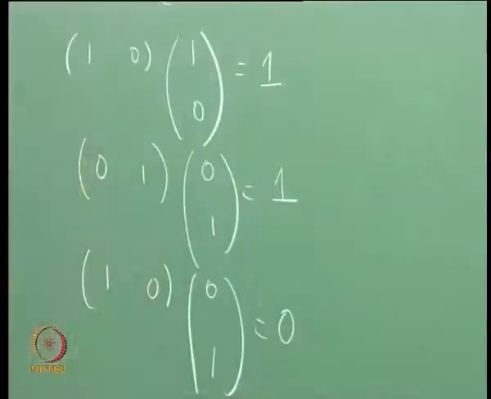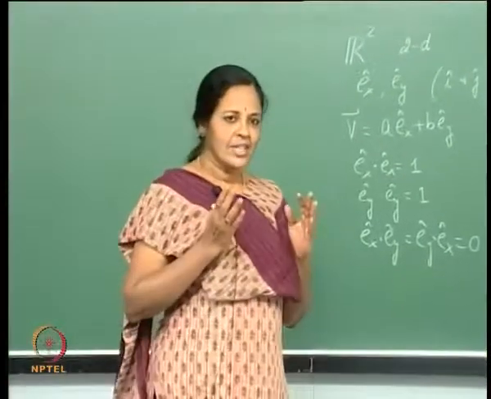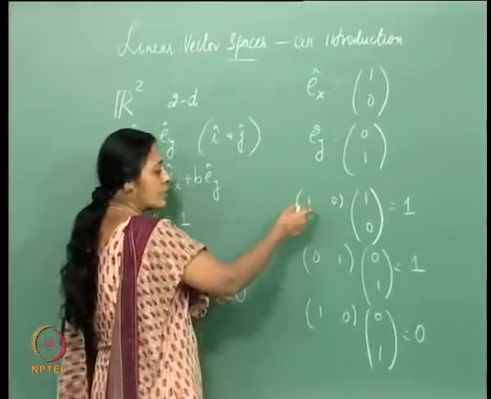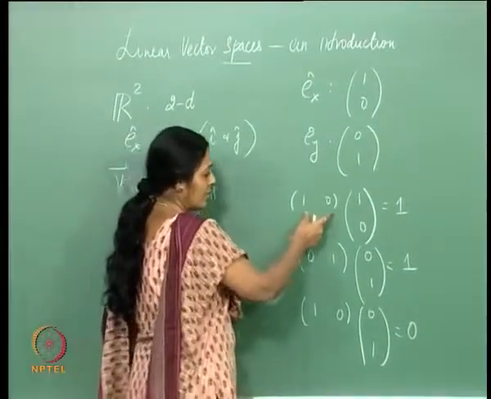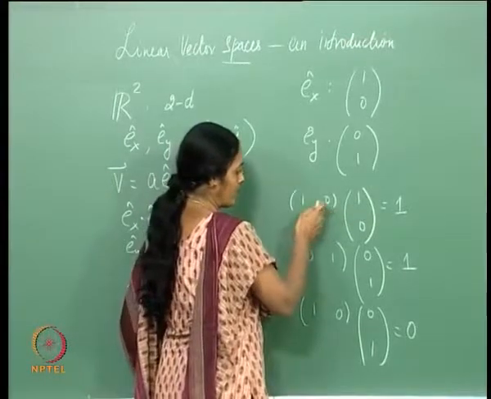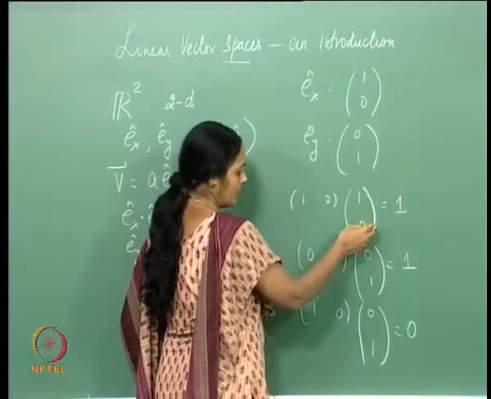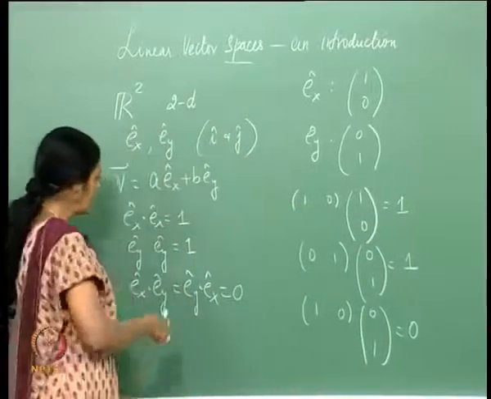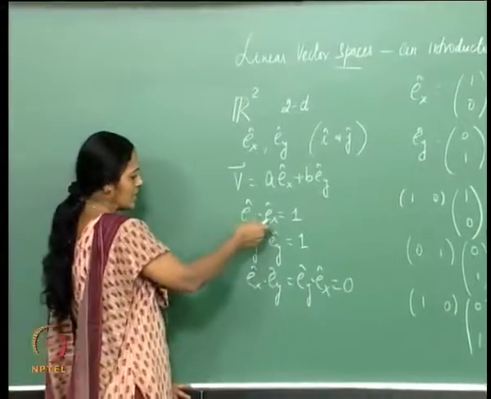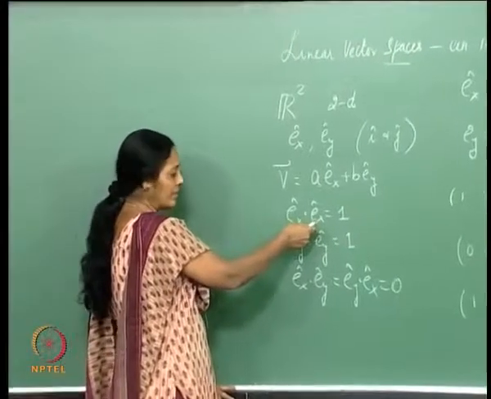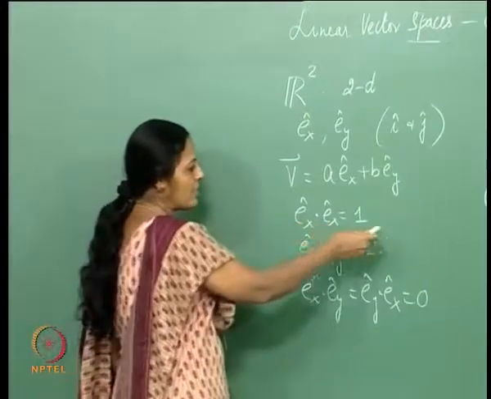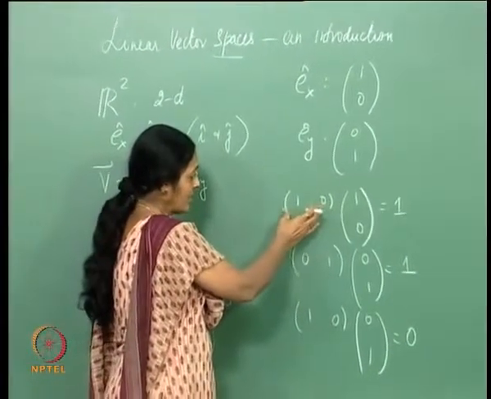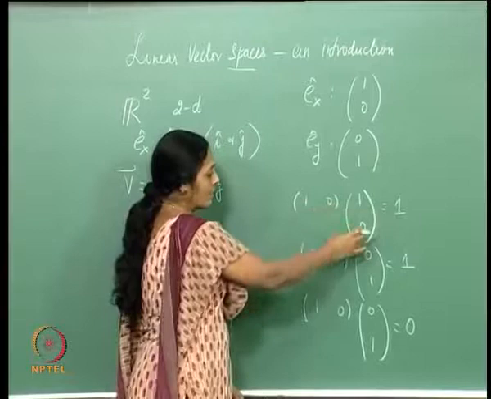But this subtle change of notation tells us something, that indeed there are 2 types of vectors that we need to consider. One is the column 1 0 and the other is the row 1 0. Certainly that is not obvious here, but here I am able to distinguish between 2 types of objects, the rows and the columns.